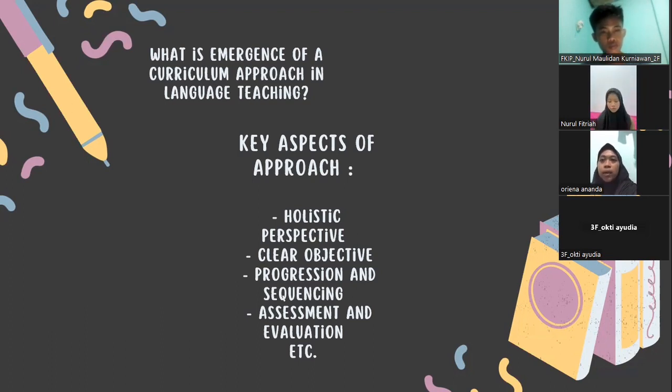These objectives are typically aligned with the Common European Framework of Reference for Languages, or CEFR, or other standardized frameworks. This ensures that learners progress systematically through different language proficiency levels.